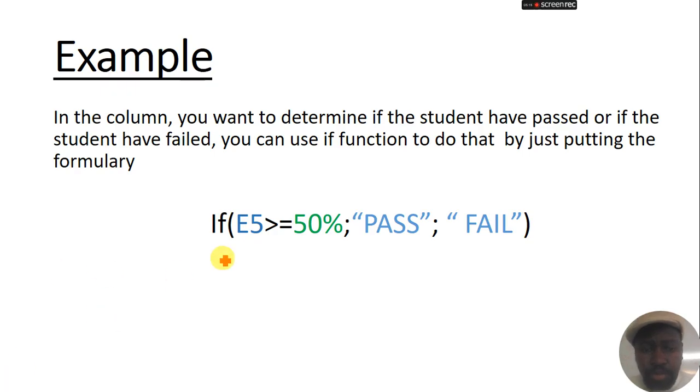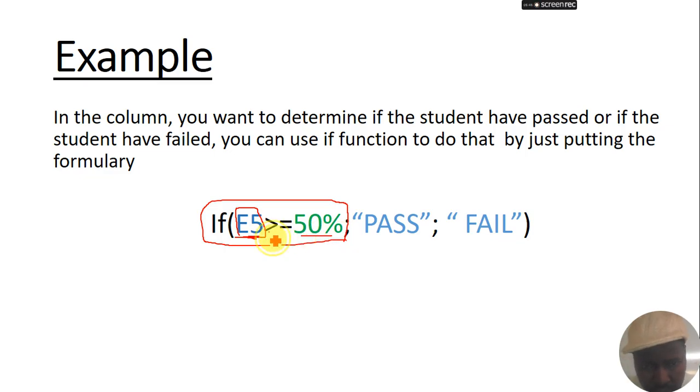Looking at this part of the formula, this part is a statement. This is a cell number. When I read this statement, it says if E5 is greater or equals to 50.